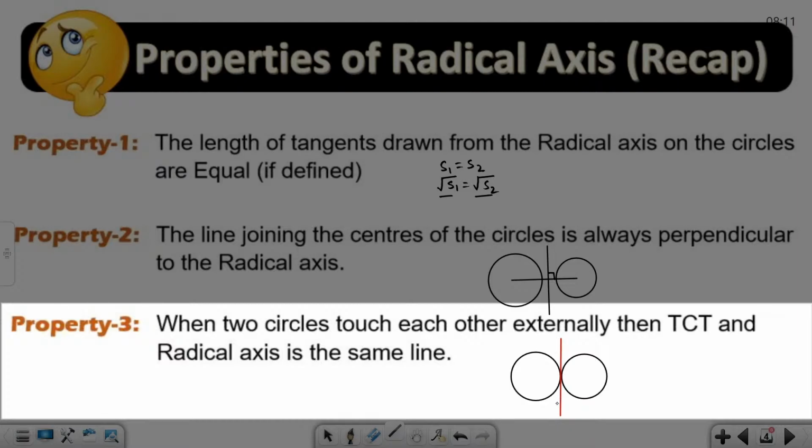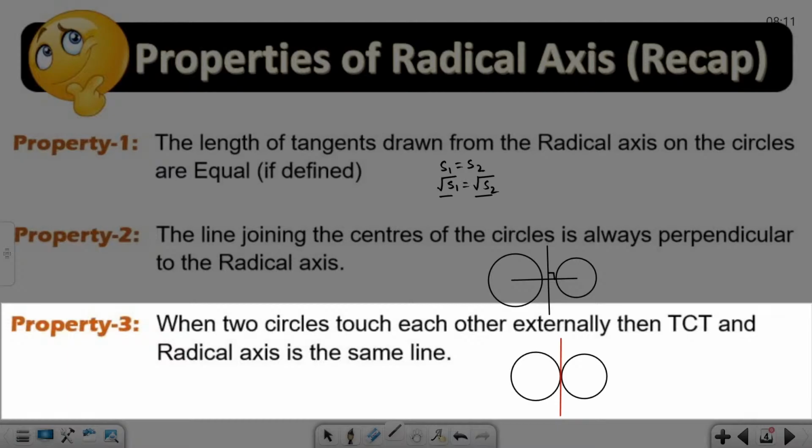For this case, this transverse common tangent is the same as the radical axis. So if we know that two circles are touching each other externally and the question is to find the equation of the transverse common tangent, we will simply find the equation of its radical axis, which will be the same line. And finding the radical axis is simpler than finding the transverse common tangent.